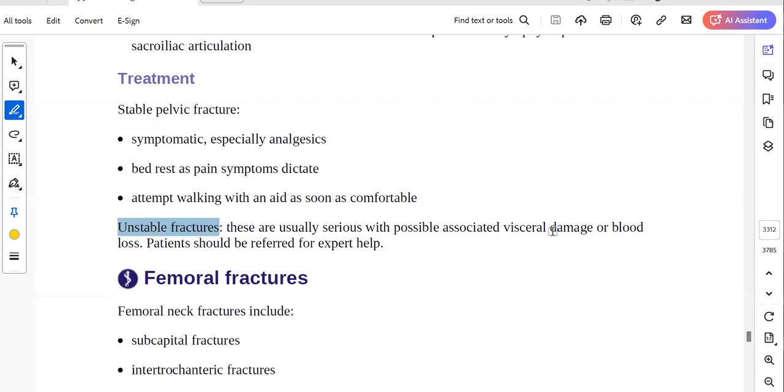So unstable fracture is associated with visceral damage or blood loss. So the patient should be referred for expert help. But if it is a stable pelvic fracture, most of the time symptomatic management with painkillers and bed rest as the pain symptoms dictate. So usually bed rest for a few days or weeks will do.